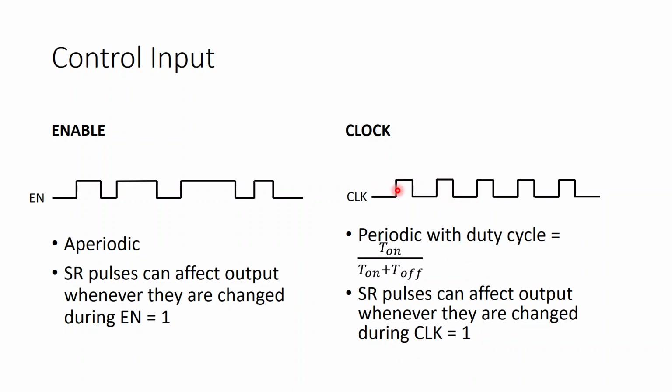So directly by using a periodic signal, we are still unable to affect the output at the change of the control input. We are still not able to do that, but we will utilize this clock signal, and it will lead us into synchronous circuit designs. How will we do that? We will look into that in the next lecture. So with this I end, and thank you for your attention.